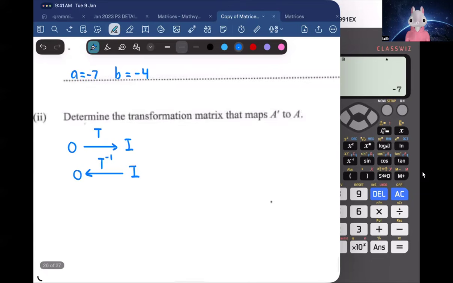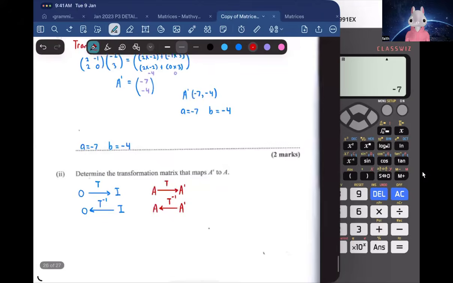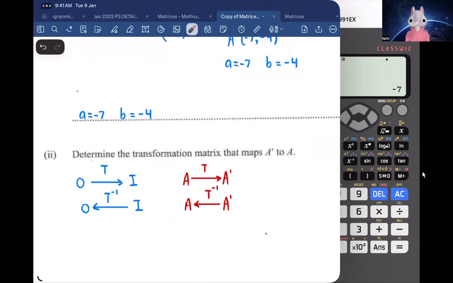Exactly. So if I want to go from A to A prime, we had to use the transformation matrix, right? So if I want to go from A prime to A, which is in the opposite direction, I'll need to use the inverse matrix. So I'll need to find T inverse, because in part 2, they want me to determine the transformation matrix that would map the image onto the object.